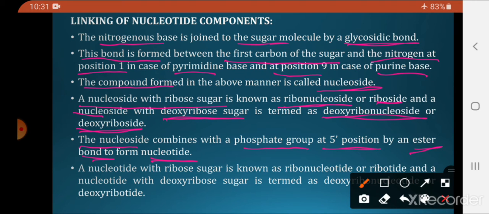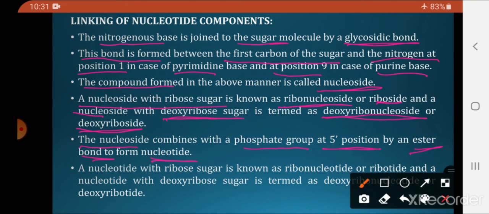Very important. जो न्यूक्लियोसाइड है उसका 5th position. When we talk about 5th position, I mean the 5th position of the sugar, किसकी फिफ्थ पोजीशन? शुगर की, नहीं कि नाइट्रोजिनस बेस की. So शुगर का जो फिफ्थ पोजीशन है that will bind with the phosphate group, and वो जो बॉन्ड रहता है that is called as an ester bond.